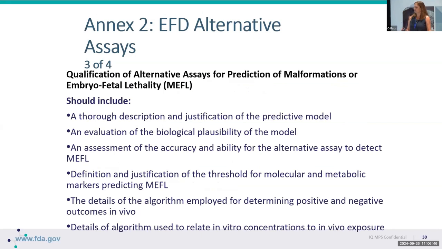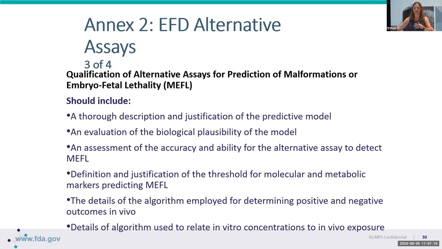Okay. So some of the specifics, talking about a qualification to identify malformations and embryo-fetal lethality, MEFL is what we call it. It talks about the model, biological plausibility, and details of how the algorithm was employed for looking at the positive and negative controls. How is the algorithm described for relating the concentrations in vitro using your assay to the in vivo exposure? That's a big one.